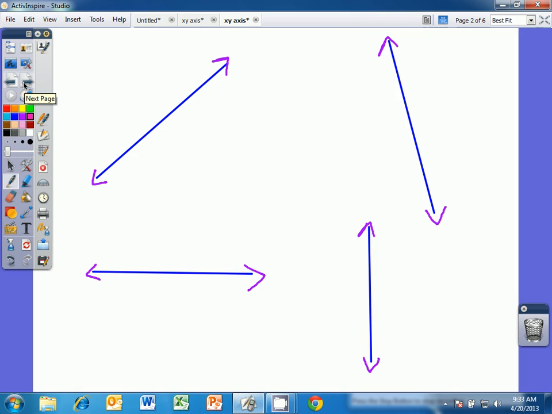And so when we're looking at the different possibilities of lines, there are 4 different orientations or general directions of slopes. This first line depicts a positive slope.